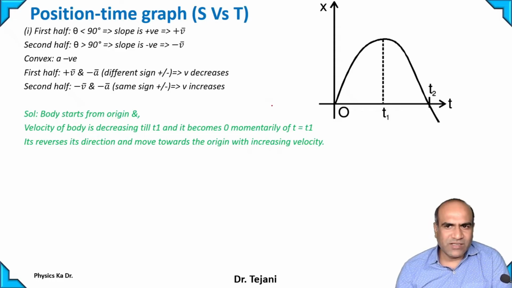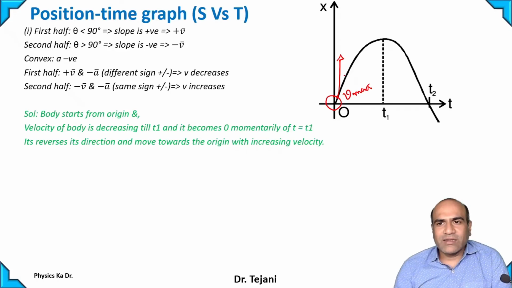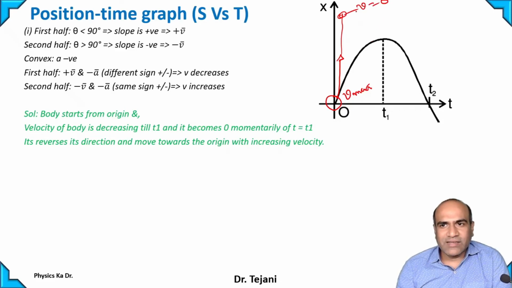See, consider a ball thrown vertically upward. It has maximum velocity at the start. Then velocity decreases, and when the ball reaches the top position, velocity is equal to zero. Then it goes in the downward direction, where velocity is negative.